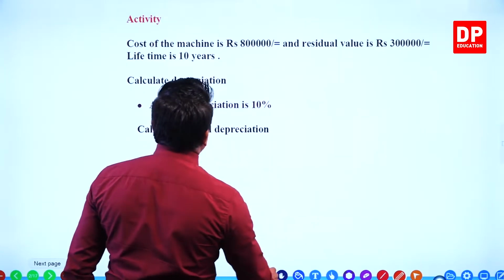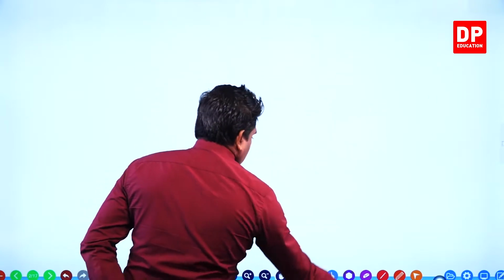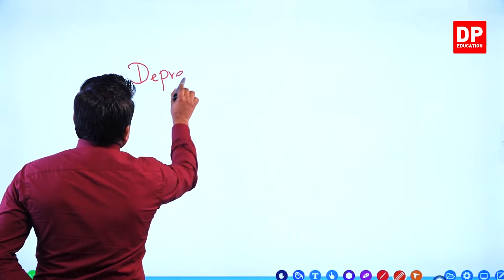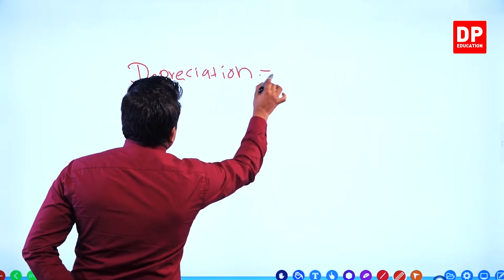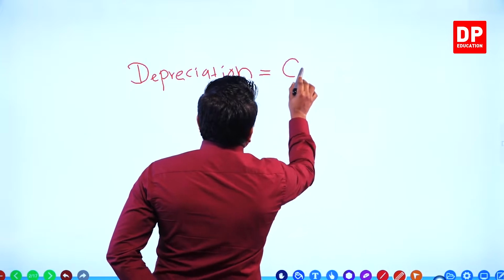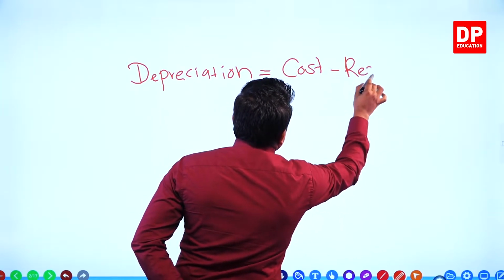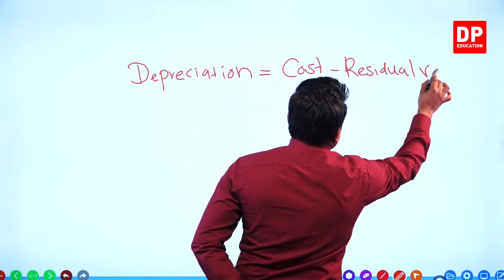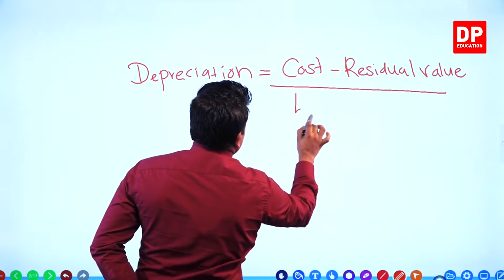Okay. Now I write: depreciation equals cost minus residual value divided by lifetime.